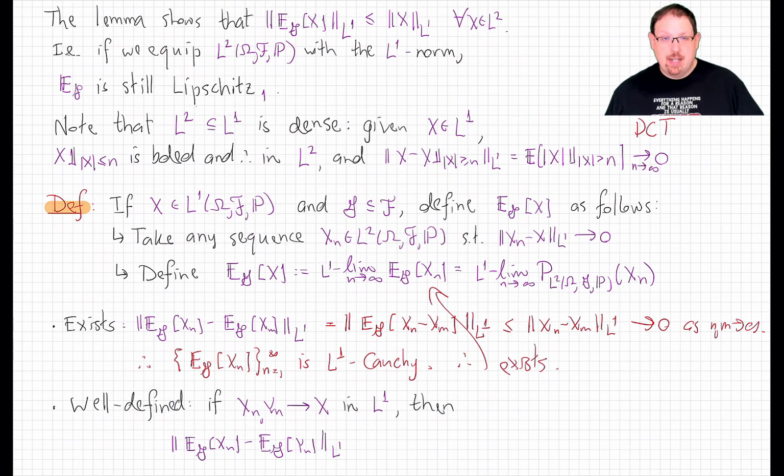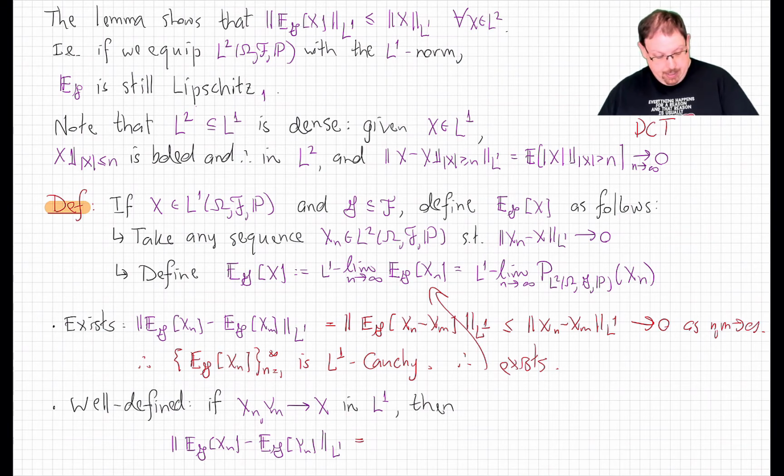Great. So for any sequence of L2 random variables xn that approximate x in L1 norm, this sequence of conditional expectations of them converges in L1 to something. But a priori it might depend on which approximating sequence I chose. Actually, it won't. If I take any two approximating sequences of x in L1 sense, then I can repeat exactly the same argument and look at the L1 difference between them after conditional expectation.